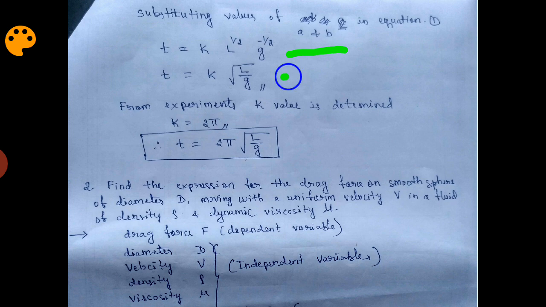If you simplify and write, it will be the square root of L by g, as g is raised to minus half. So this is the expression. Further, we know that k is equal to 2 pi. It is obtained from experiments. So in place of k, we can write 2 pi. Time period T is equal to 2 pi square root of L by g. So this is the expression, or you can keep it like this also.